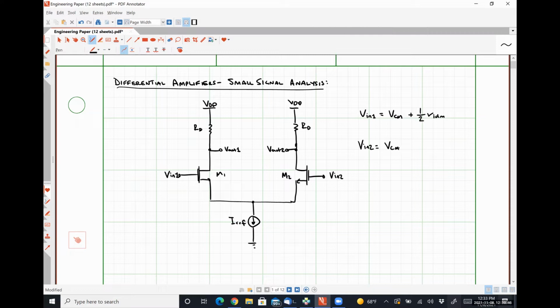We have our common mode voltage, which establishes our biasing point, and we're going to have minus 1/2 times our small signal differential mode voltage.